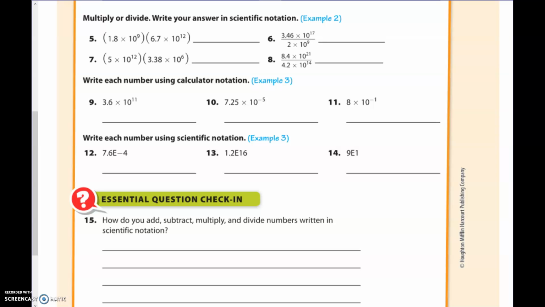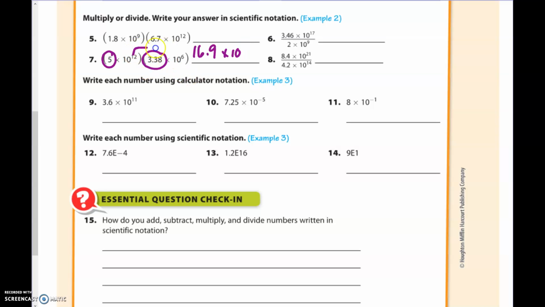All right, number 7. The way we were just doing it is that when we are multiplying, we're going to take the coefficient or the multiplier of 5 times 3.38. When you take 5 times 3.38, we get 16.9 times 10. Now remember, when you're multiplying, we add exponents.